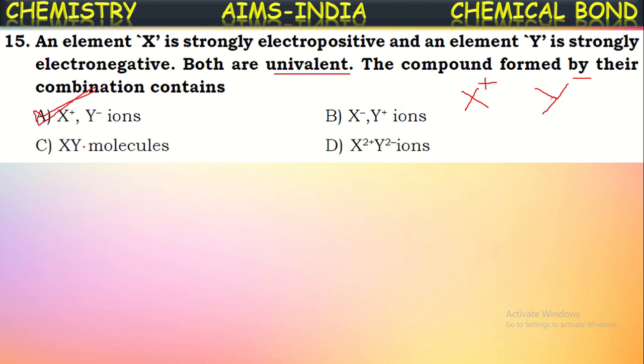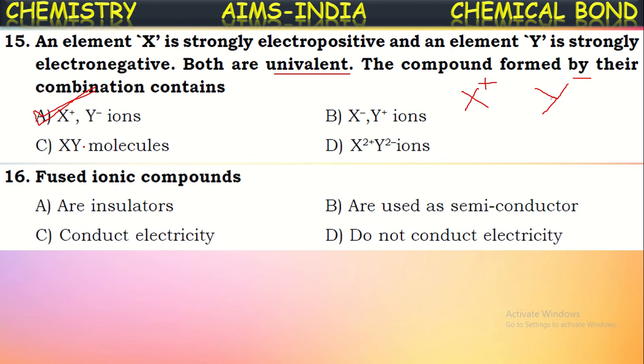Okay. Next, fused ionic compounds. What is meant by fused ionic compounds? Molten. When ionic compounds are heated at very high temperatures, they convert into liquid state. These liquefied ionic compounds at very high temperature are called fused ionic compounds.